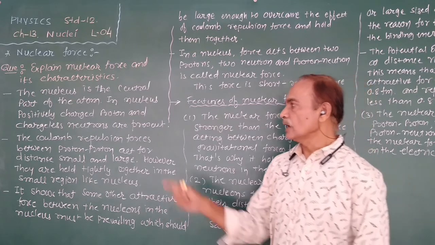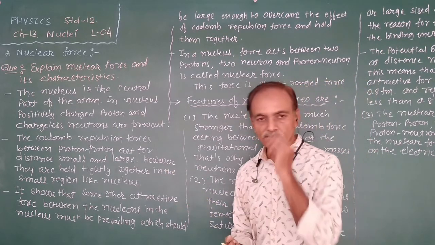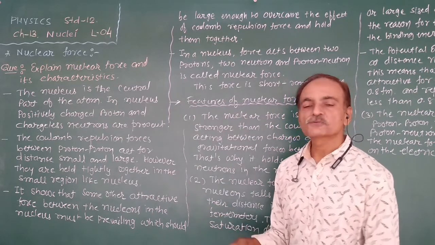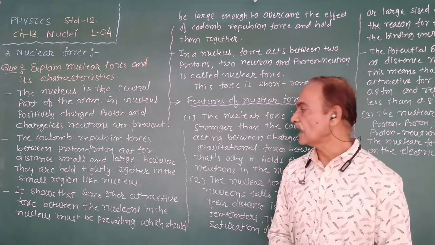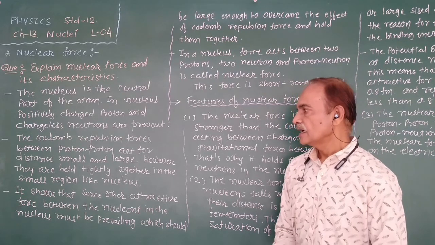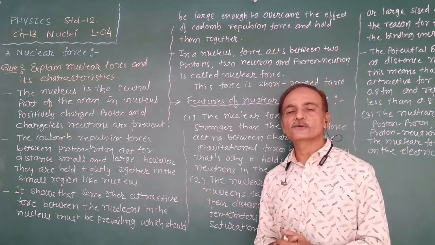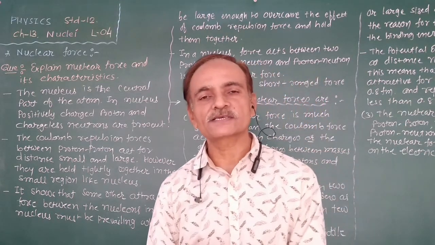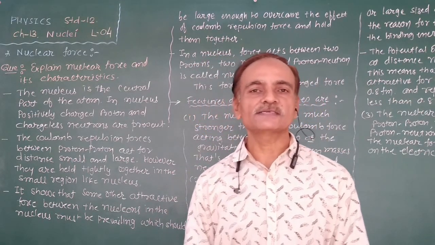The Coulomb repulsion force between the protons acts for small distances and also for large distances. In a small region like the nucleus, the proton and neutron are present. Proton is positively charged.